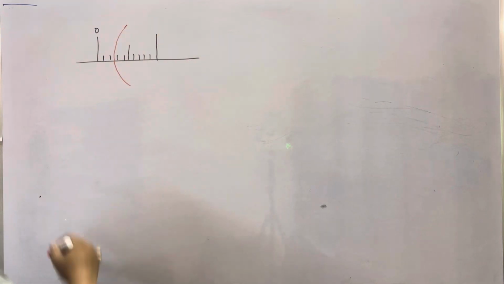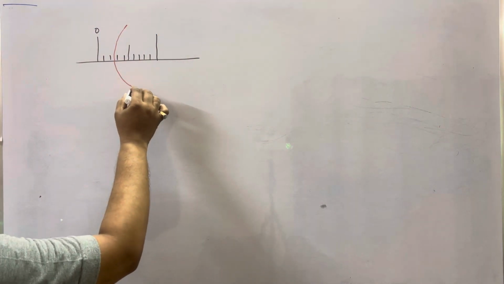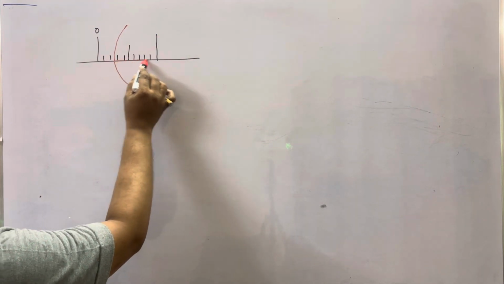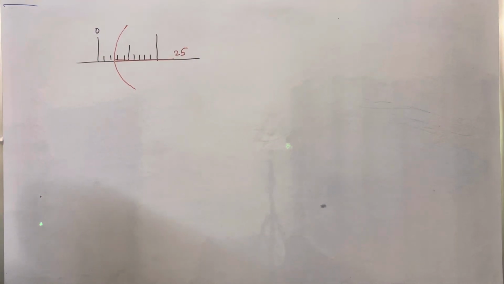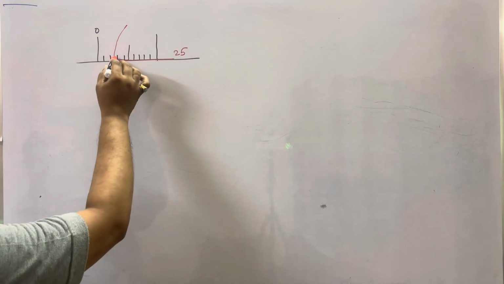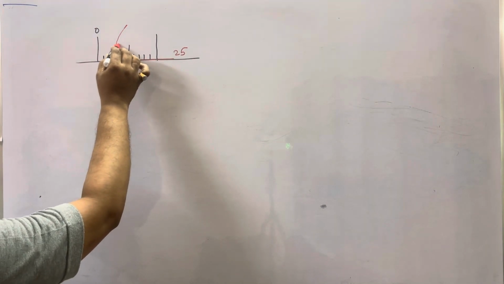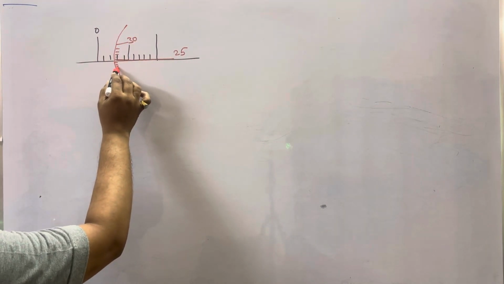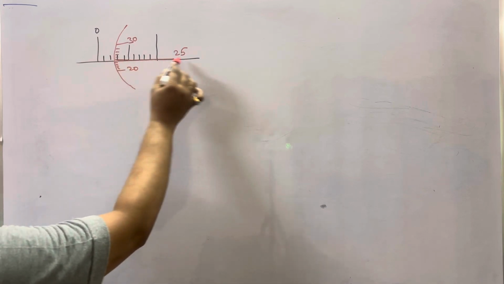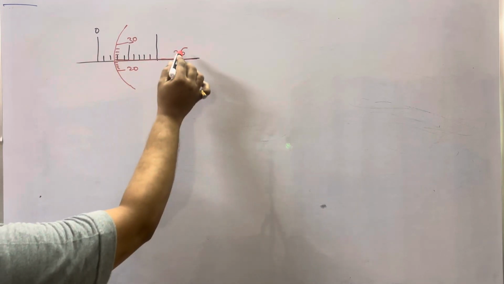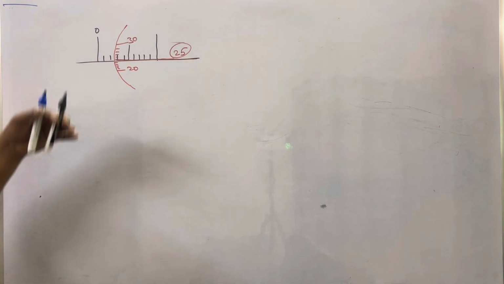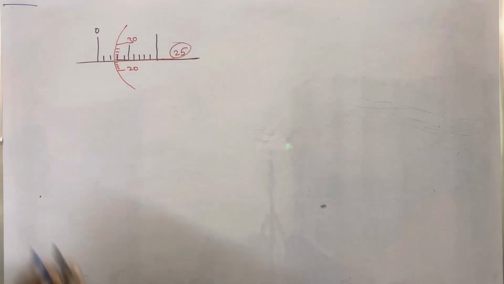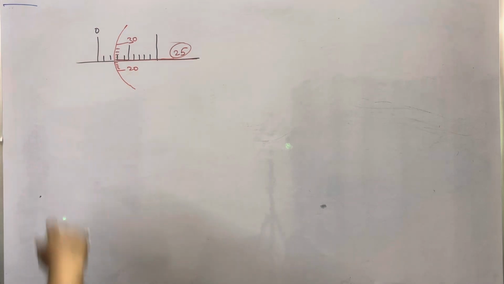On the circular scale, whichever division is coinciding, let us assume 25. 25 is coinciding, above this 26, 27, 28, 29, 30 is there, below 20 is there. So which is coinciding with the index line means 25. Same with the same least count, how to find the reading of this? I am saying about the diagram.